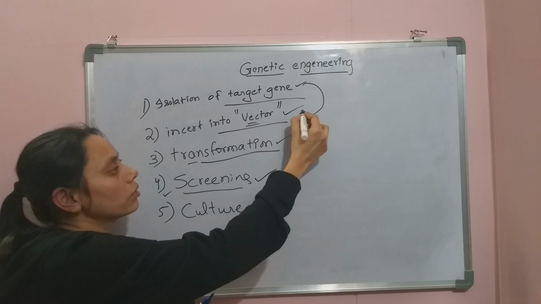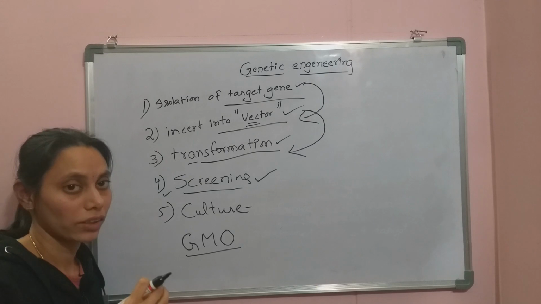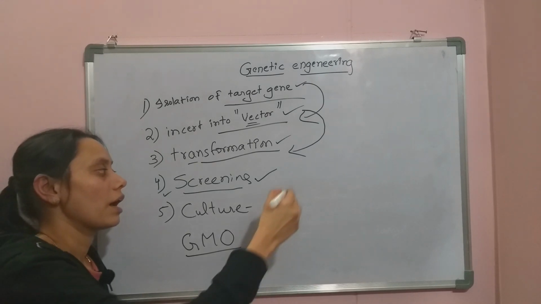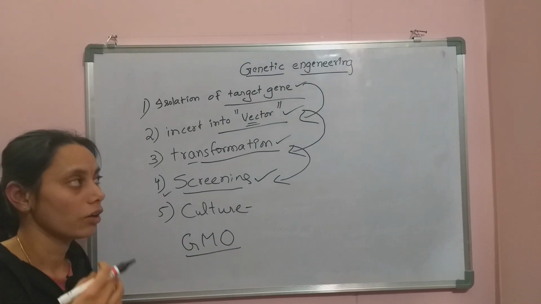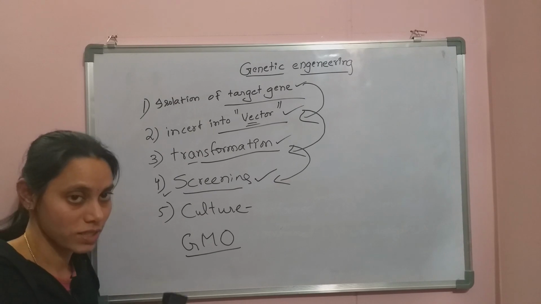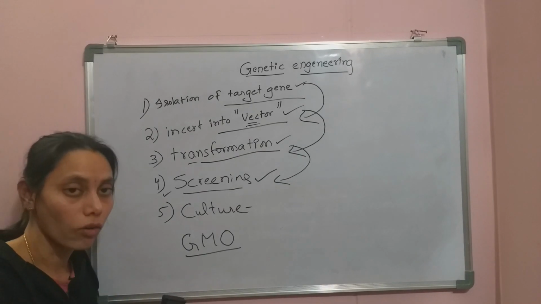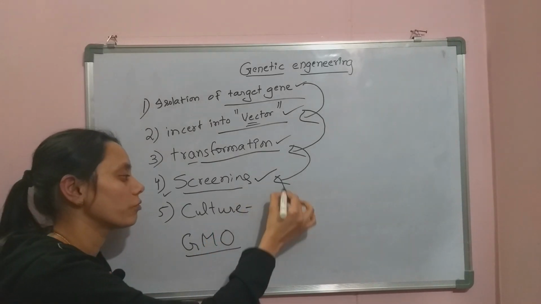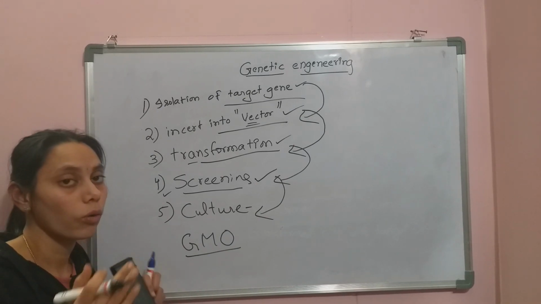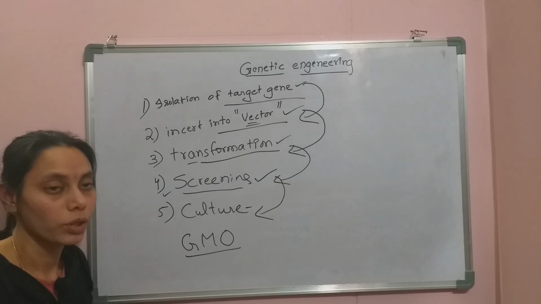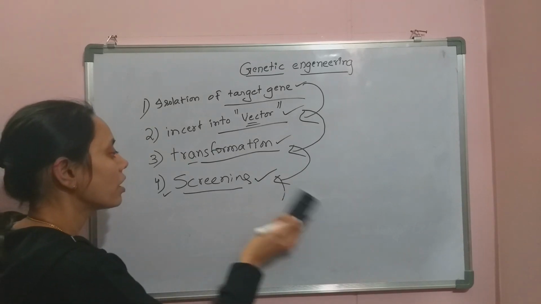Later we transfer this vector into the host organism, and then we go for the selection procedure in which the host cells containing the recombinant DNA are selected against the non-transformed cells. Later we culture the transformed or selected cells so that the whole genetically modified organism can be produced. So that is the basic idea of genetic engineering.